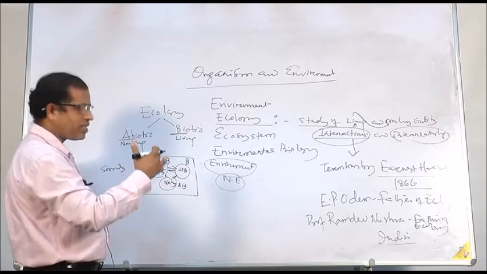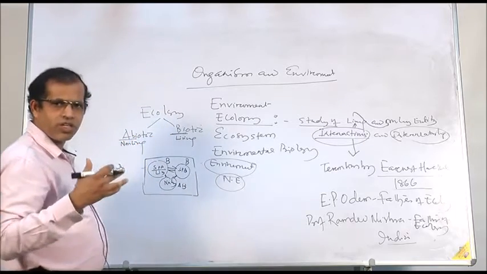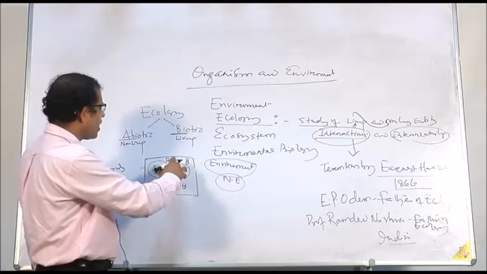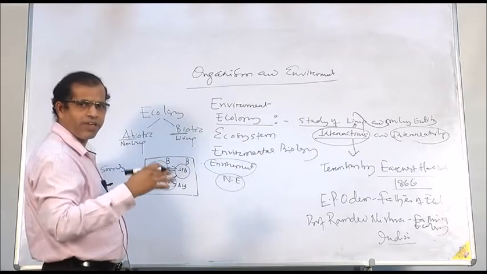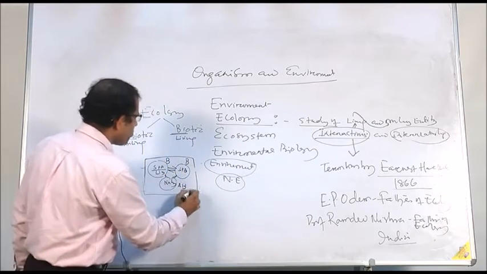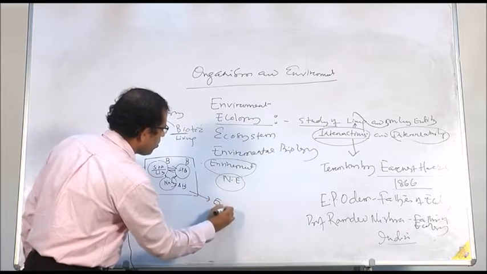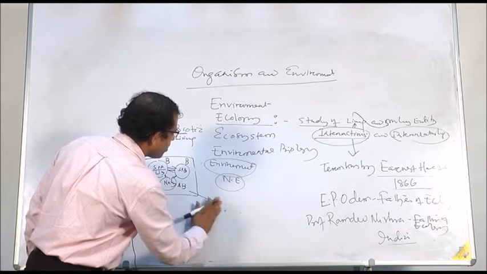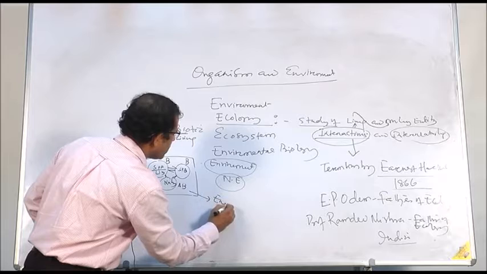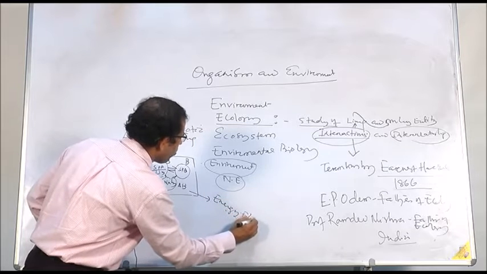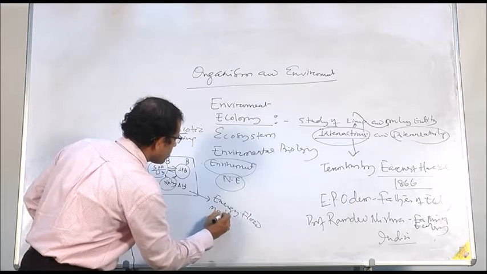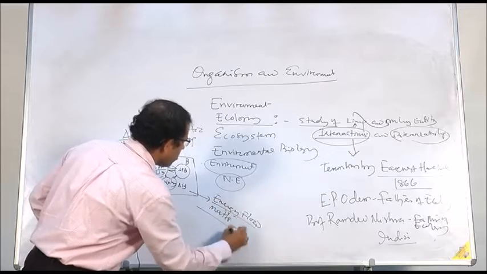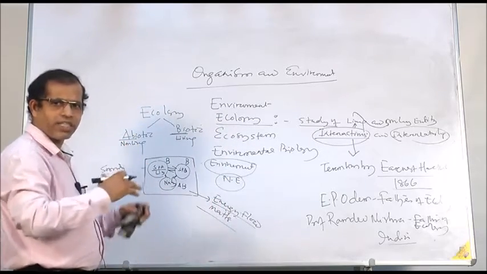That interaction and interrelationship among these living and non-living things result in the formation of a functional aspect. So you will find energy is produced and energy flow happens. There is matter and there is energy flow.